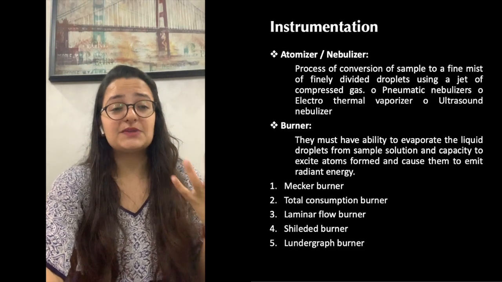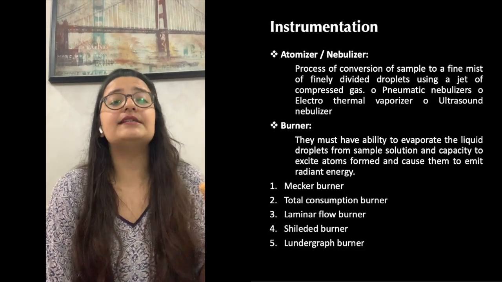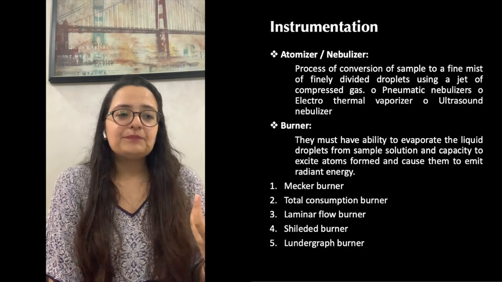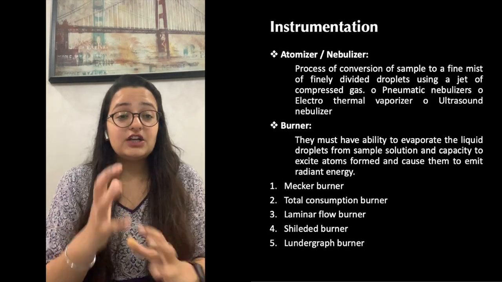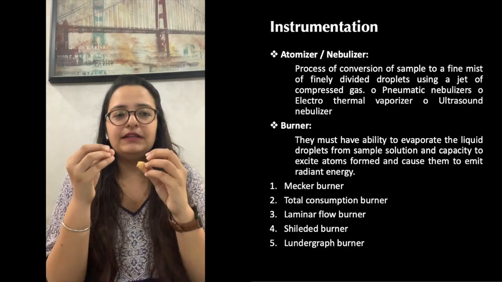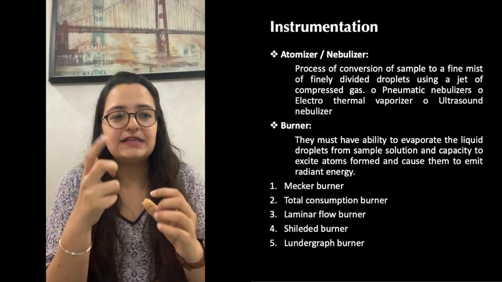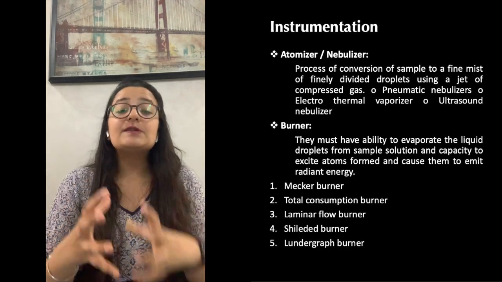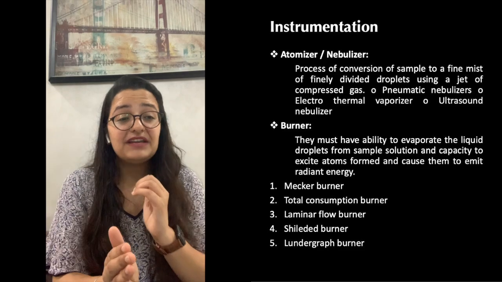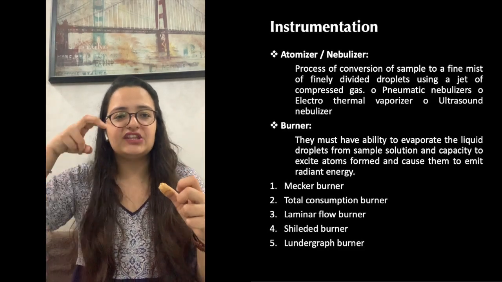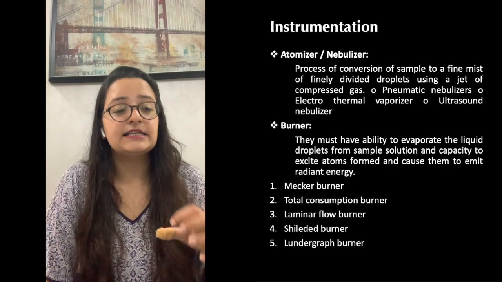First part of the instrumentation is the atomizer and nebulizer. The sample is converted into a fine mist by the atomizer and nebulizer. This is the process of conversion of the sample to a fine mist or finely divided droplets using a jet of compressed gas.